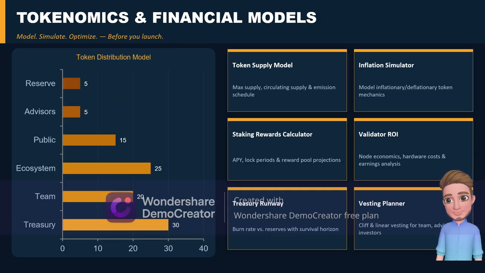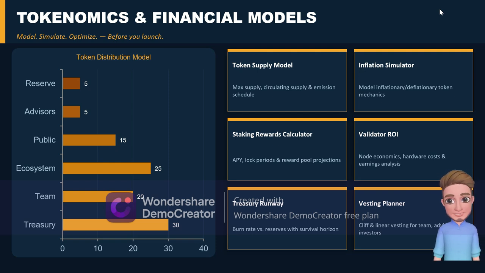Let's talk about the tokenomics and the financial model. See, tokenomics is where most Web3 projects go catastrophically wrong. Poorly designed supply models, unsustainable staking rewards, broken vesting schedules. These are where projects collapse. The Blockmaster OS gives you a precision financial model to design your token economy with rigor.